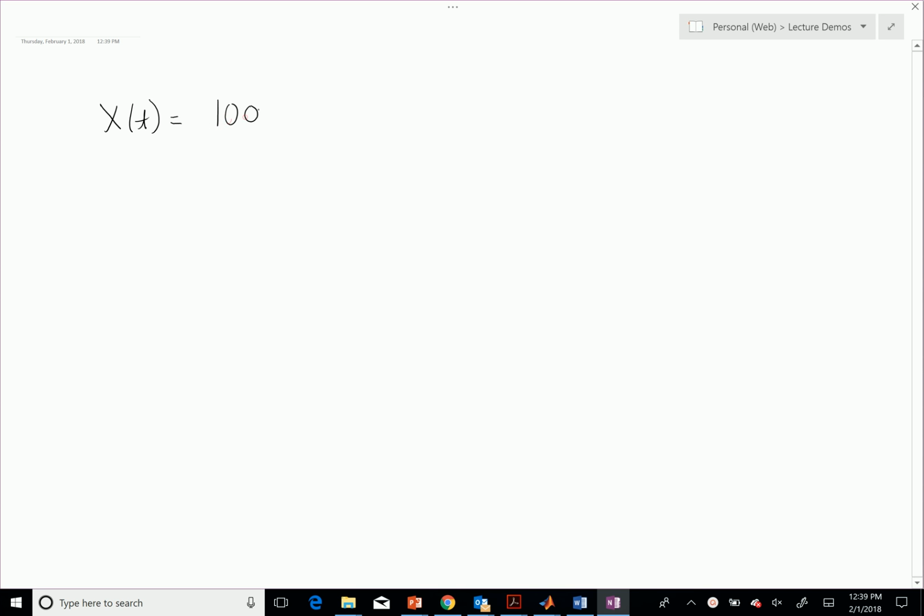One is x of t equals 100 cosine 2 pi 1000 t plus 86 degrees, and the other is y of t equals 10 sine 2 pi 1000 t plus 88 degrees.